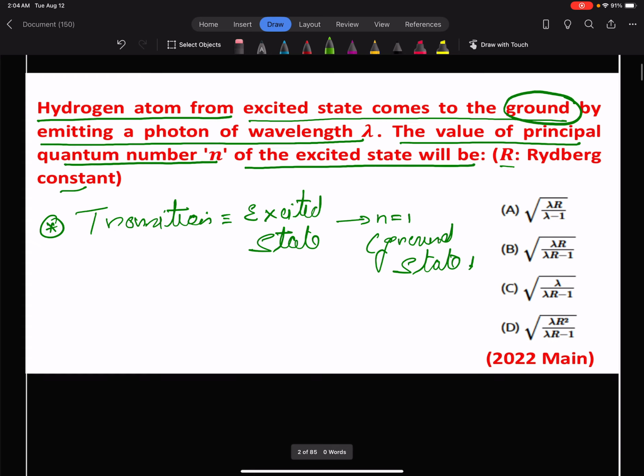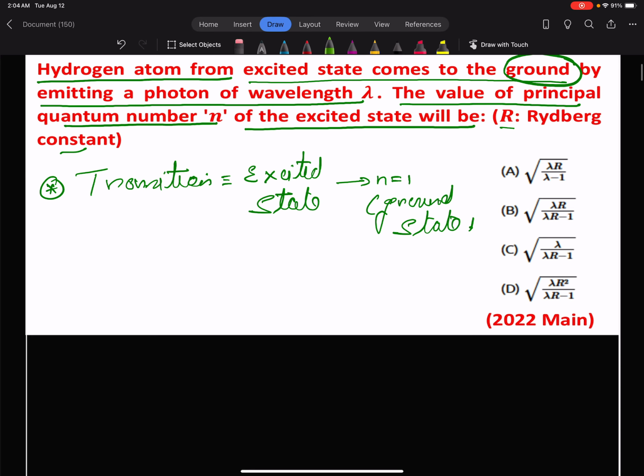And let us assume, or rather we can say it is given, that the wavelength emitted is lambda. So the wavelength is our lambda. Let us assume that the excited state is simply represented by n.